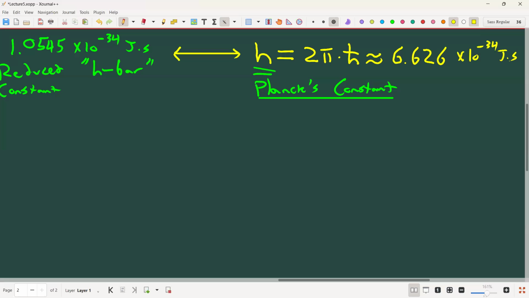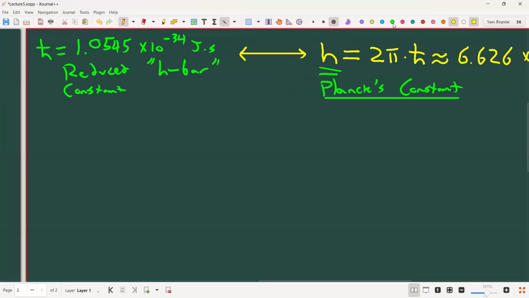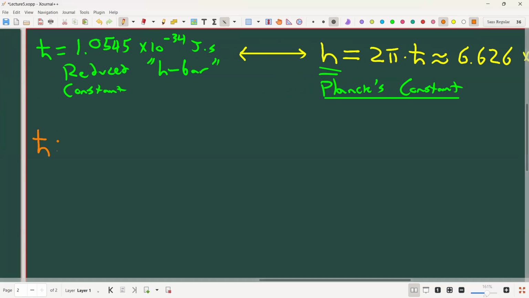All right, so let's think about why there's a 2 pi factor between the two. Why do we even care about this number times 2 pi? And the secret is in the units. So the units are like this. So H bar, right? If you think about it, remember, we're always moving in a circle in the complex space.